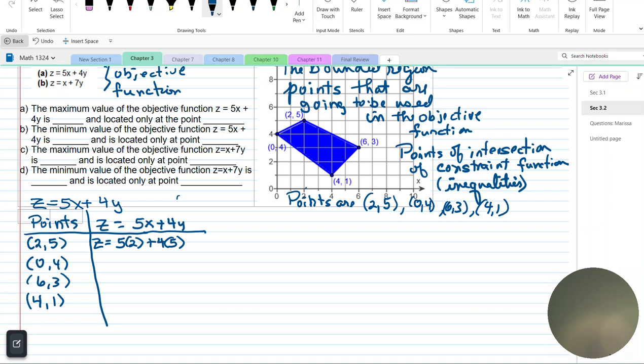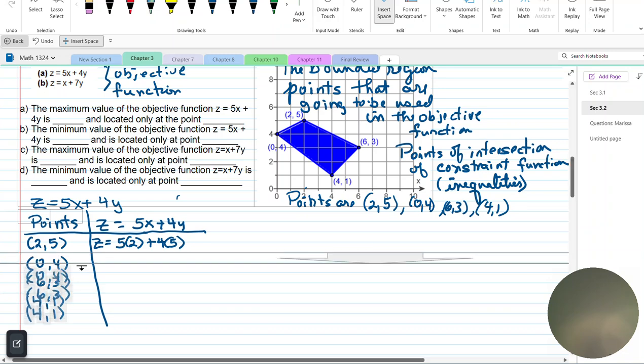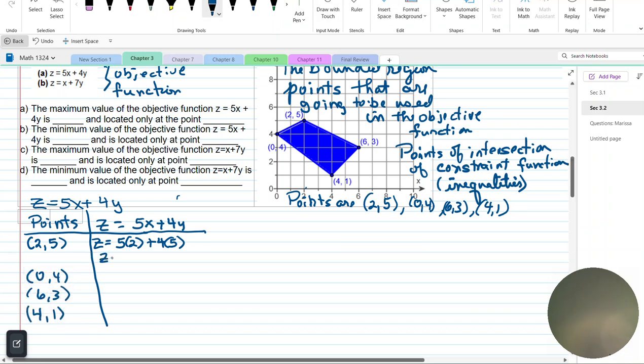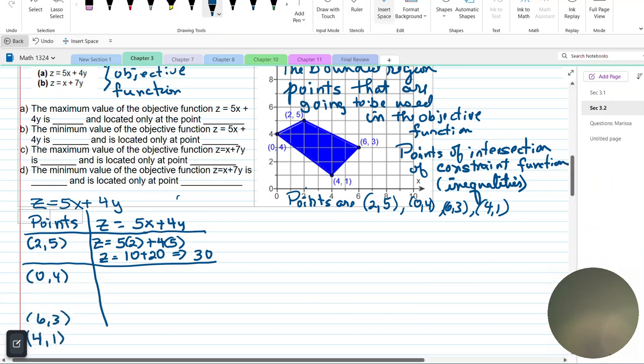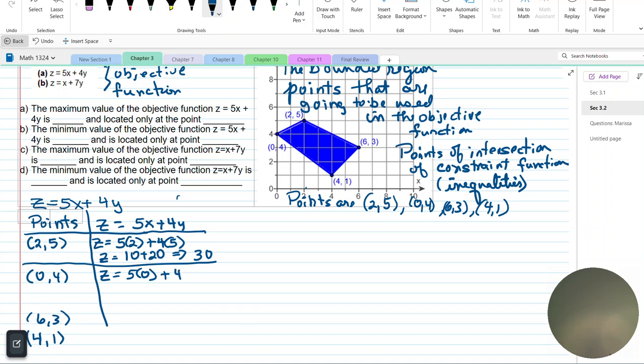So z equals 10 plus 20, and that gives me 30. Next one: z equals 5 times 0 plus 4 times 4, so z equals 16.